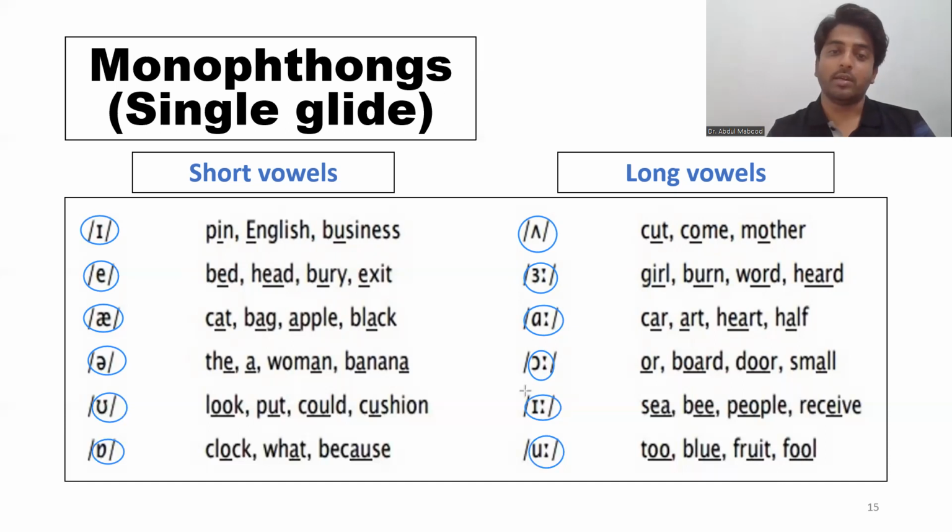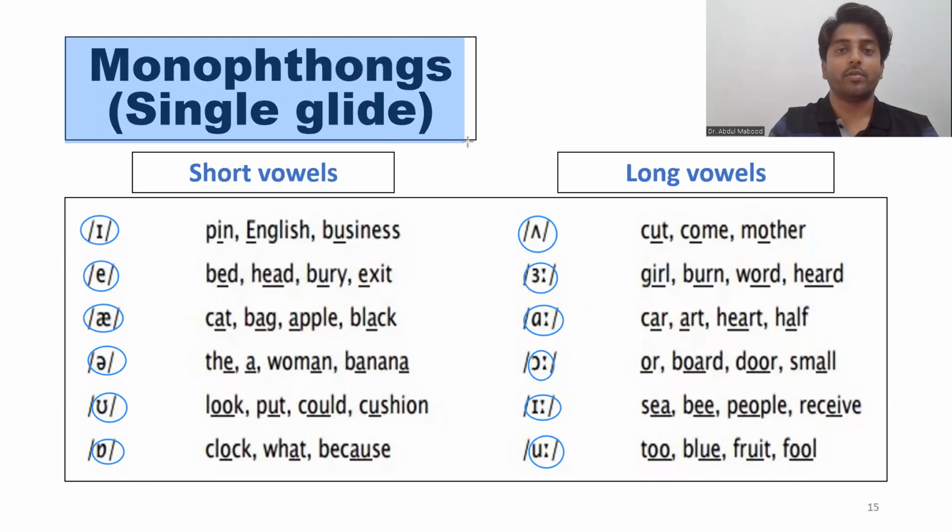So here in total we are getting 12 sounds. All these 12 sounds are monophthongs. Here you can see they are all monophthongs, and they are single glide.